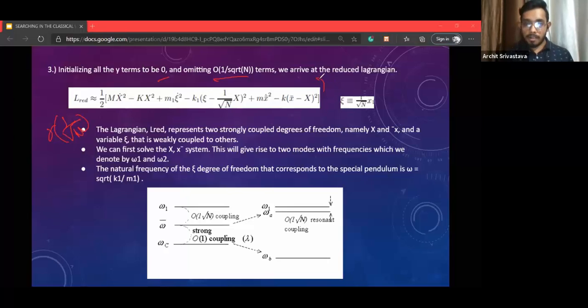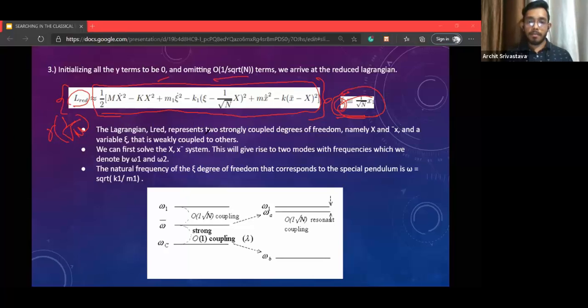We arrive at this equation. This is the reduced Lagrangian equation, and it contains all the necessary information which is of our interest. So we quickly separate this particular variable and assign it to epsilon.